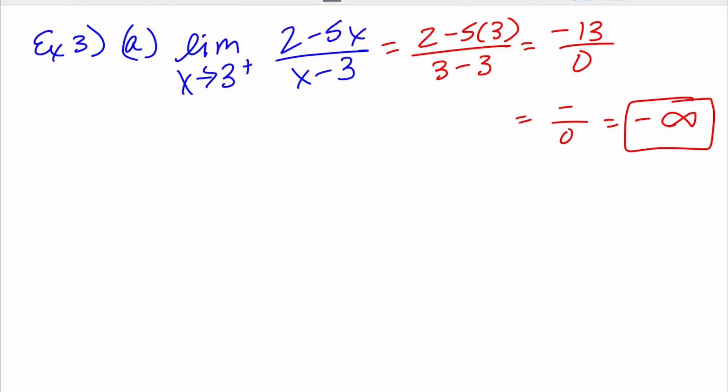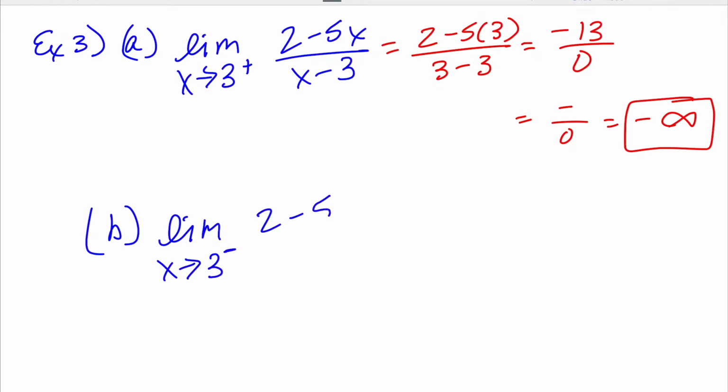Let me go back to blue. I want to take the limit as x approaches 3 from the left of 2 minus 5x over x minus 3. Oh, here's the other thing that's going on with this one. As I'm approaching 3 from the right, look at what's happening. I should have said this, and I didn't. Because this is over 0 here, but it's also over the potential positive that I have.